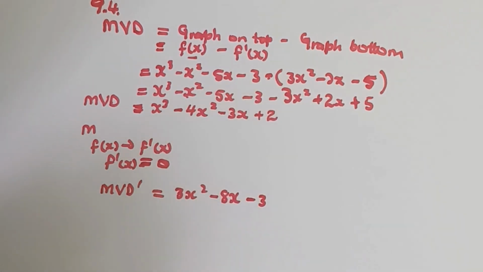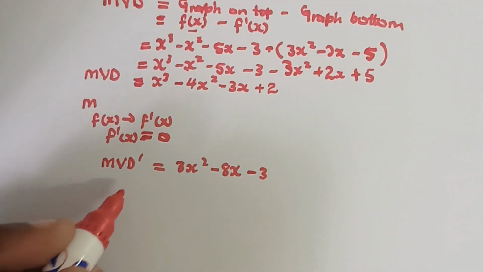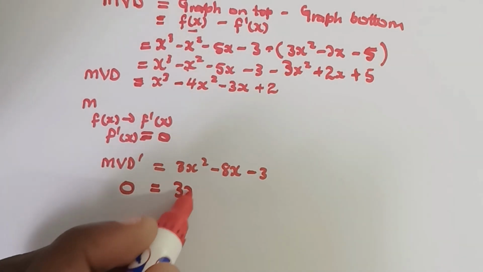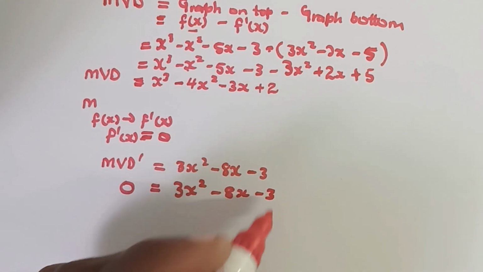That derivative should be equal to 0. So now we say 0 equals 3x squared minus 8x minus 3.